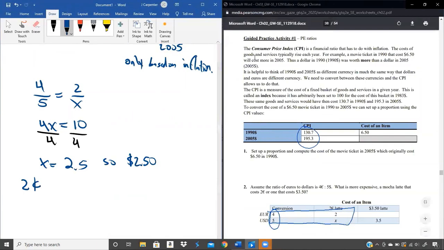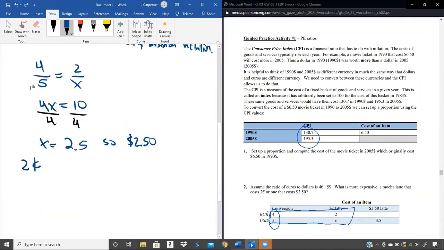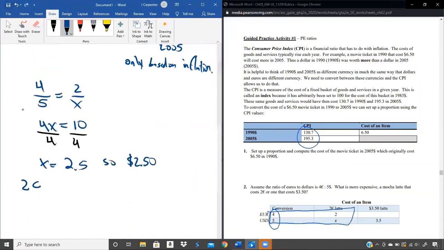That says that the €2 latte costs $2.50 in America. So the €2 latte would cost you $2.50 in USD, not USA, USD.